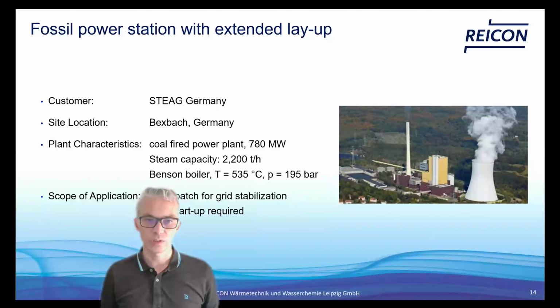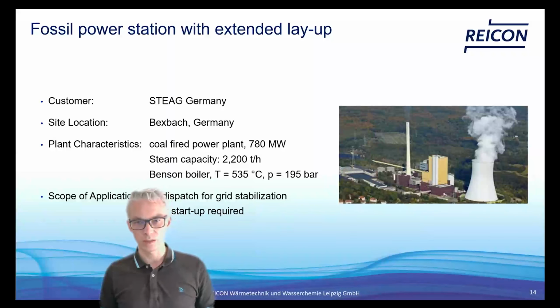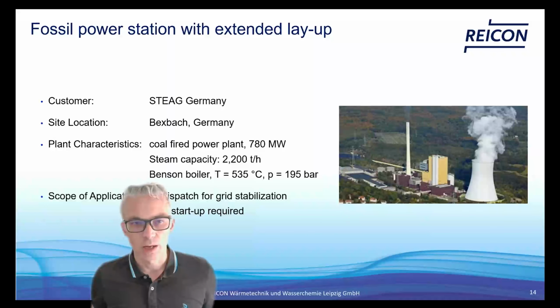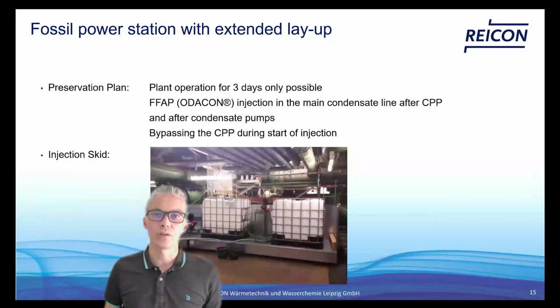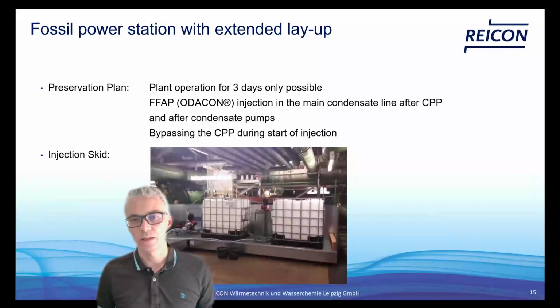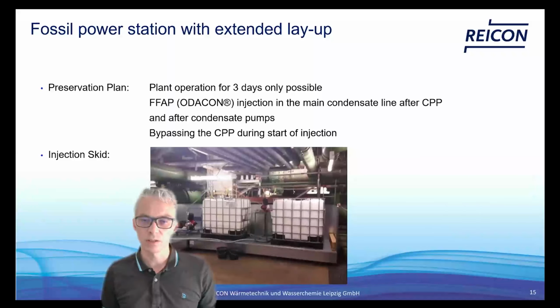The plant itself is a coal-fired station with a steam capacity of 2,200 tons per hour with a Benson boiler at 195 bars. And there was only the possibility to inject for 3 days, because they did some testing on the system as they were already in this layup period.